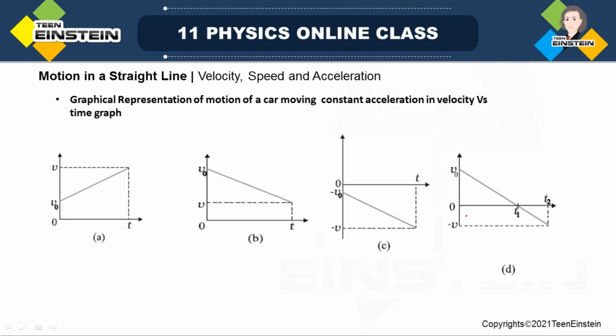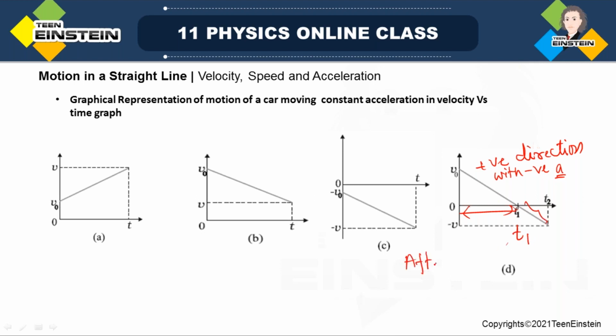The last one is this. Look, in this case it is very peculiar. Till t1 second, 0 to t1, it is moving in the positive direction, but with negative acceleration, negative average or constant acceleration. And as it crosses t1, this portion is in the negative direction.